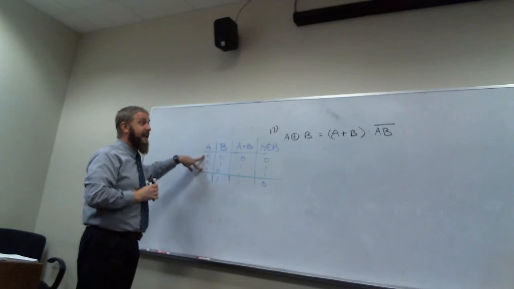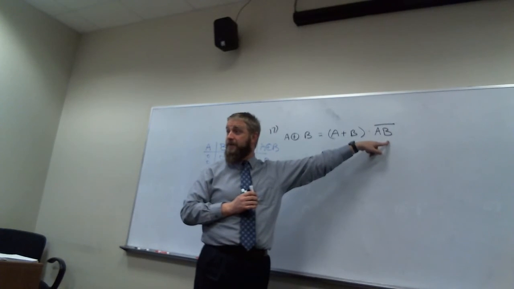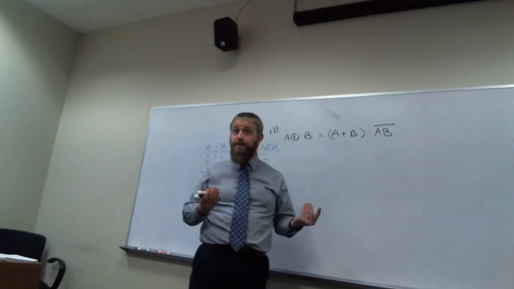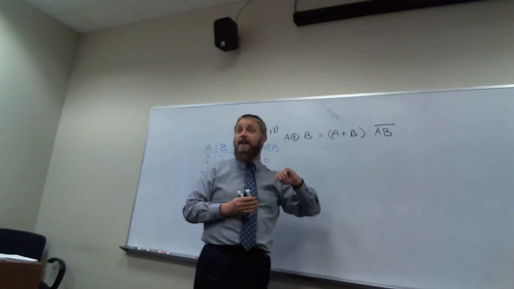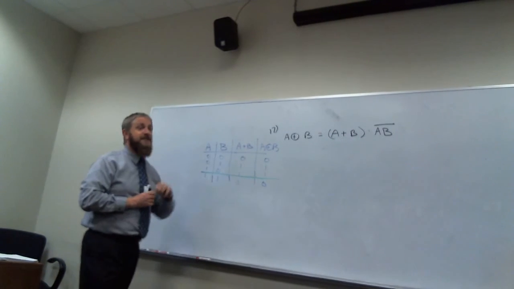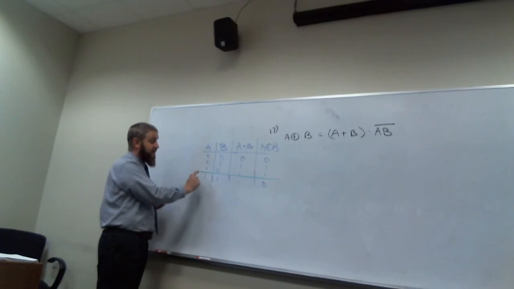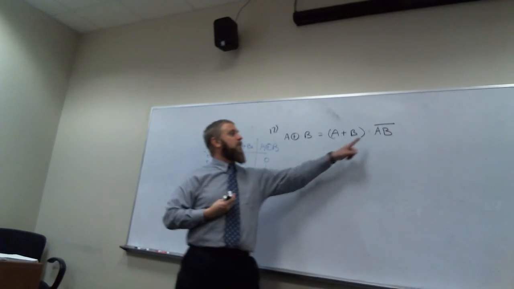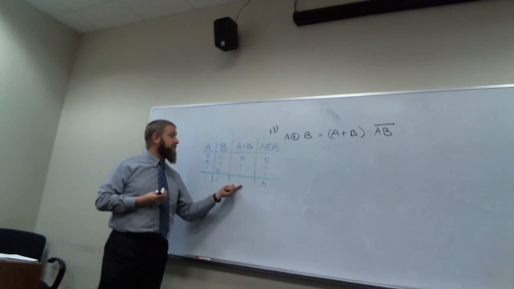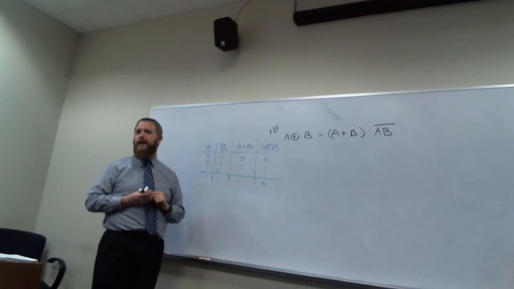In all three of these cases, one or both of these are going to be equal to 0, in which case the not would change a 0 into a 1. So anding with 1 in those three cases doesn't change my answer. The only time this changes an answer is here, when you have 1, 1: 1 and 1 is 1, but the not is going to change my A or B of 1 into a 0.